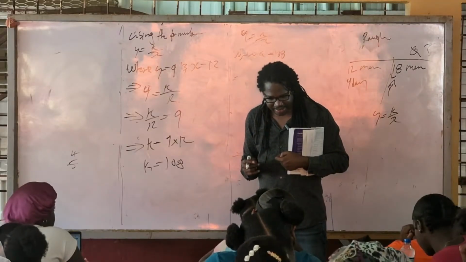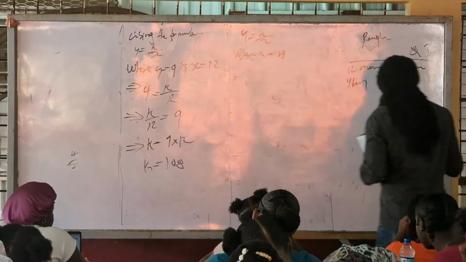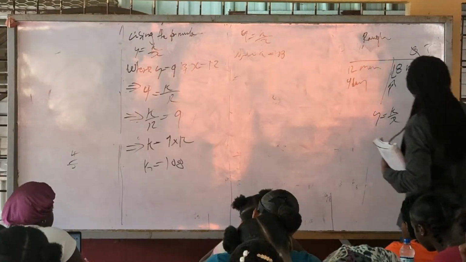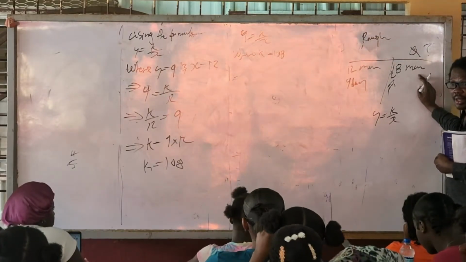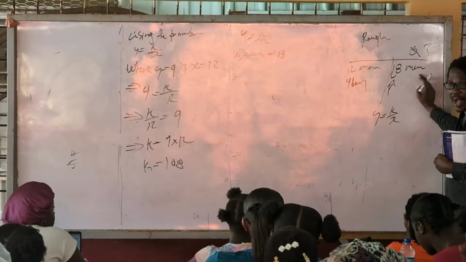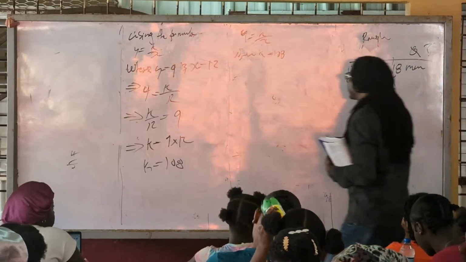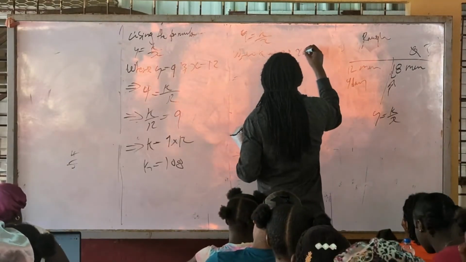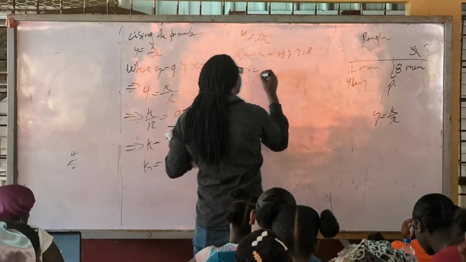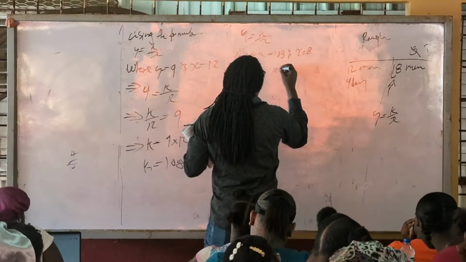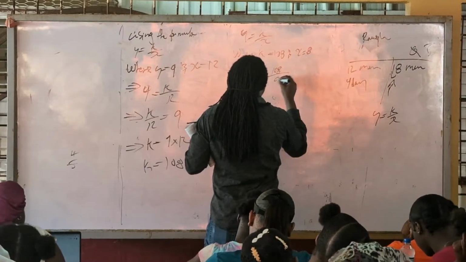You understand that? Good. So we come now. K is that, and we have 8 men. Is this X or Y? Men is X. So X equals 8. It implies, therefore, that Y equals 108 over 8.